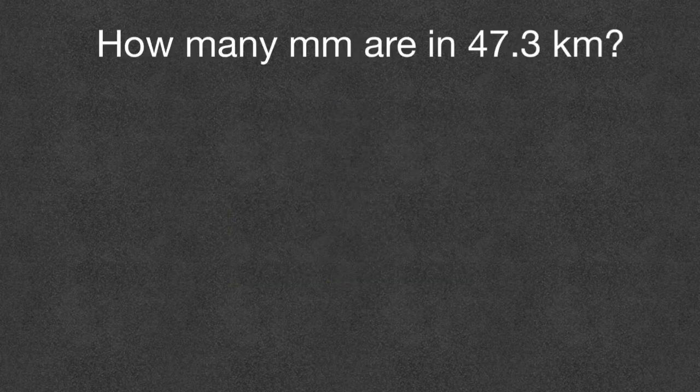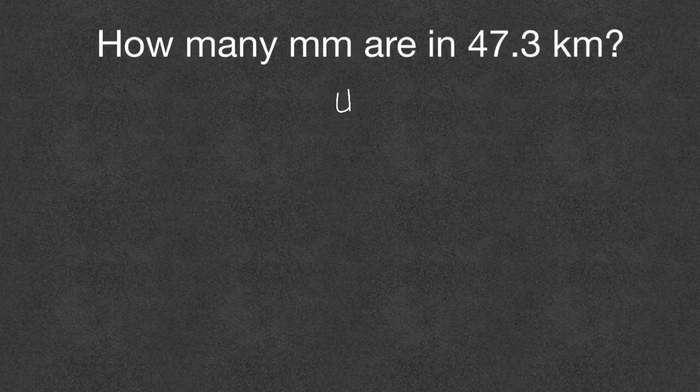Okay, let's get started. Remember, we've got to use dimensional analysis. That's the whole point. I don't care about converting units. I care about dimensional analysis. Now remember, dimensional analysis uses conversion factors. A conversion factor is a statement where both items on either side of the equal sign are equal to each other.